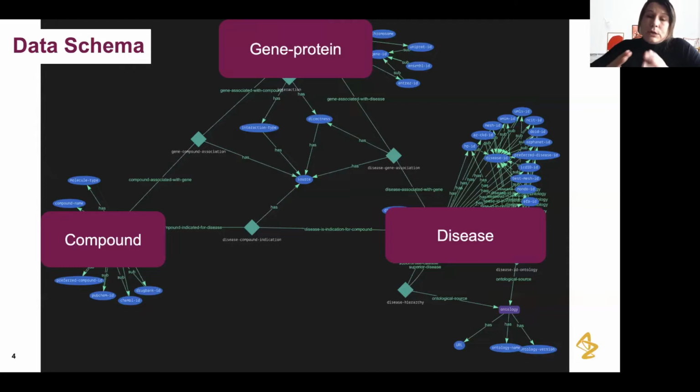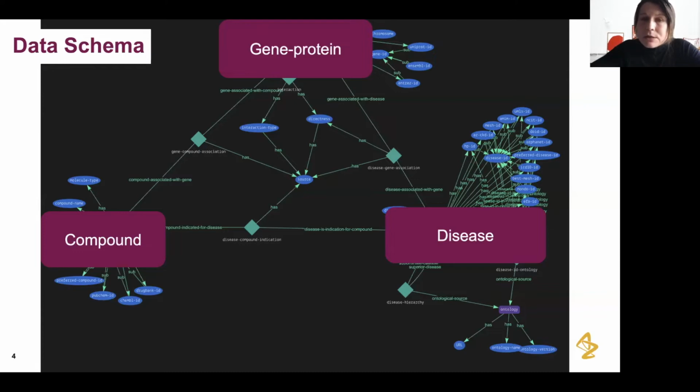We call these three entities the golden triangle, because we have to make sure that gene, protein, compound, and disease are connected as well as possible. So we're extracting all possible reliable data sources where we can put the edges to connect this golden triangle.